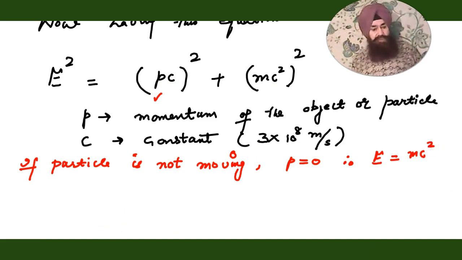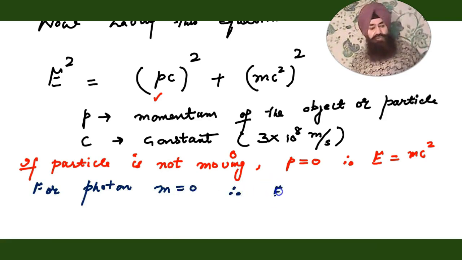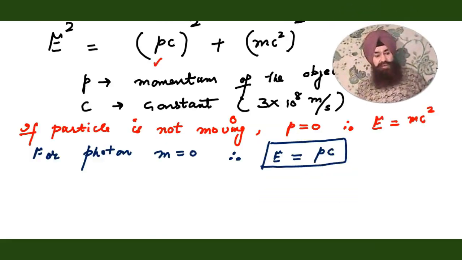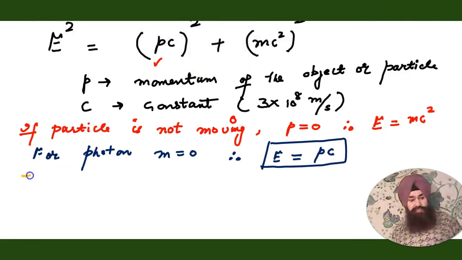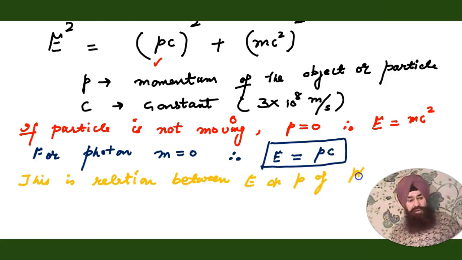General equation, Einstein's famous equation, mass-energy equivalence. For photons, because they are massless, energy equals Pc, where P is the momentum of the photon. The photon has momentum. So this is a relation between energy and momentum of the photon.